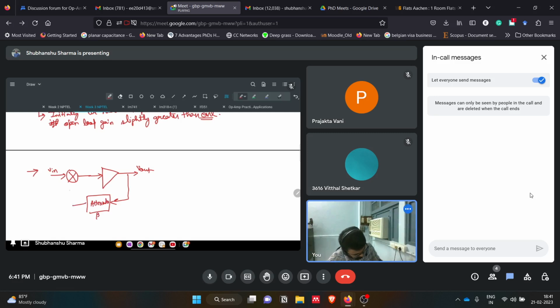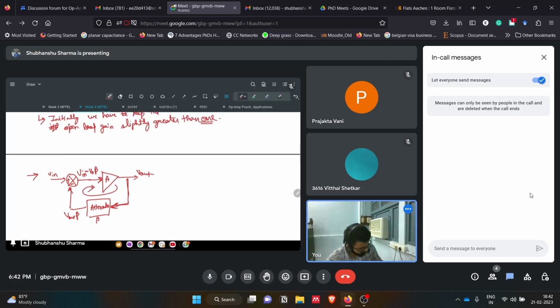We get V out times beta, the feedback voltage for this path. Here this is subtracted from the input voltage, so we get V input minus V out beta. This is then again fed back to the amplifier, and this keeps rotating like this.